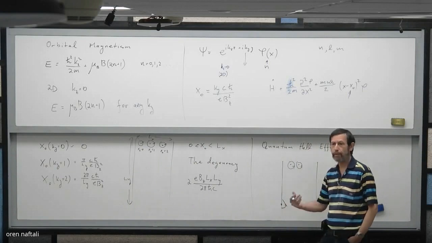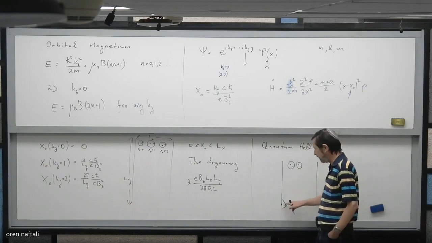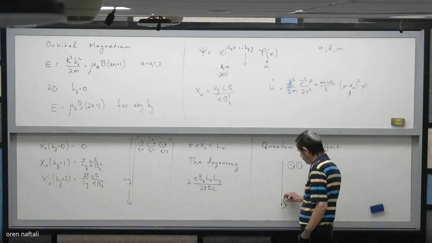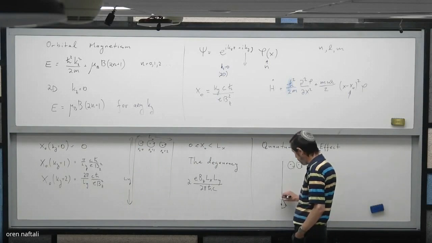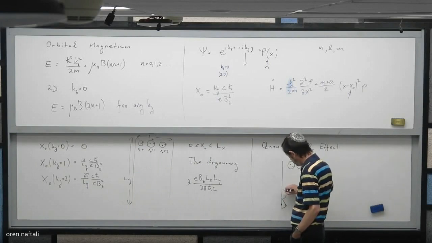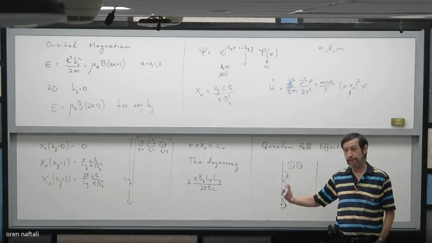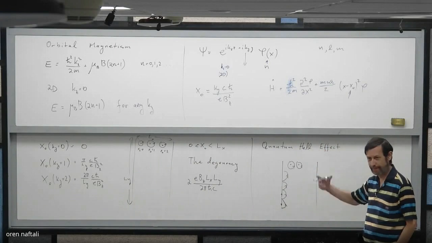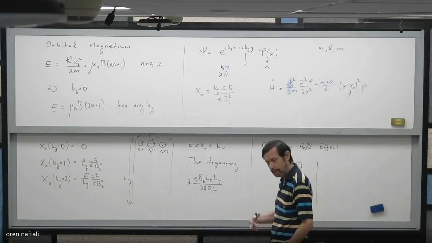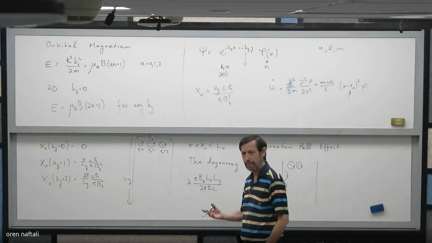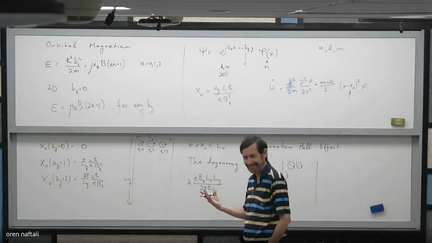I'll have a skipping orbit here. It will start like this, hit the boundary, and do it again, do it again, do it again. And here we have suddenly current propagating along this edge. It has a name, not surprisingly, edge currents.